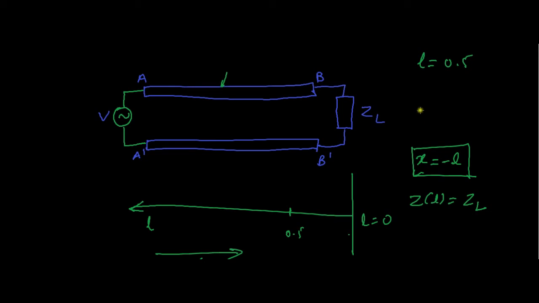Then our new equation will be the reflection coefficient at L equal to 0, which is gamma L, equal to ZL minus Z0 upon ZL plus Z0. This term is called the reflection coefficient at the load end.